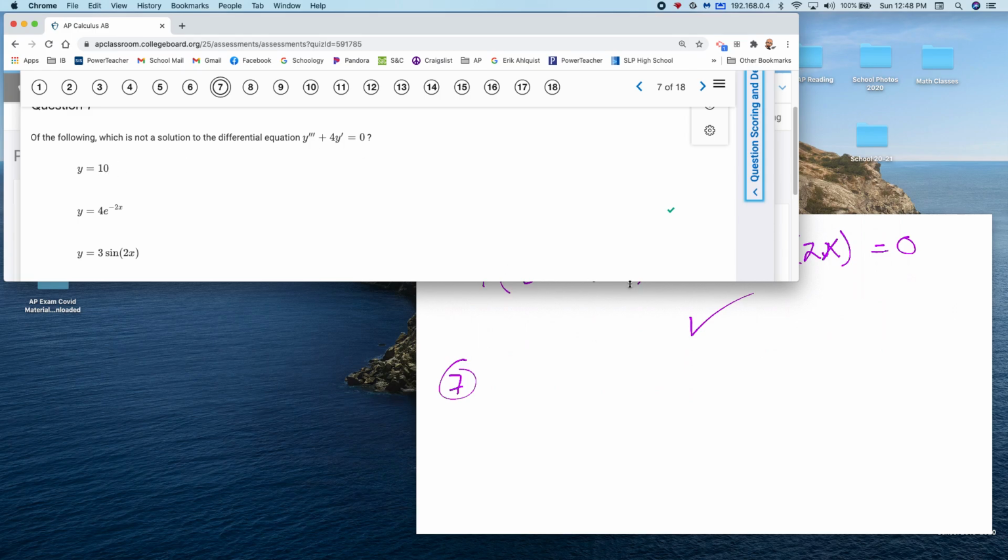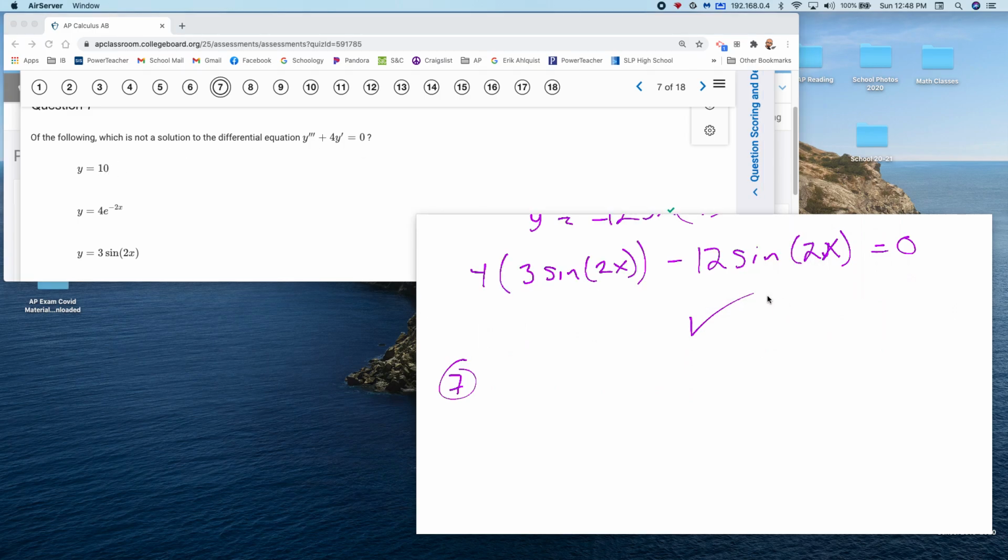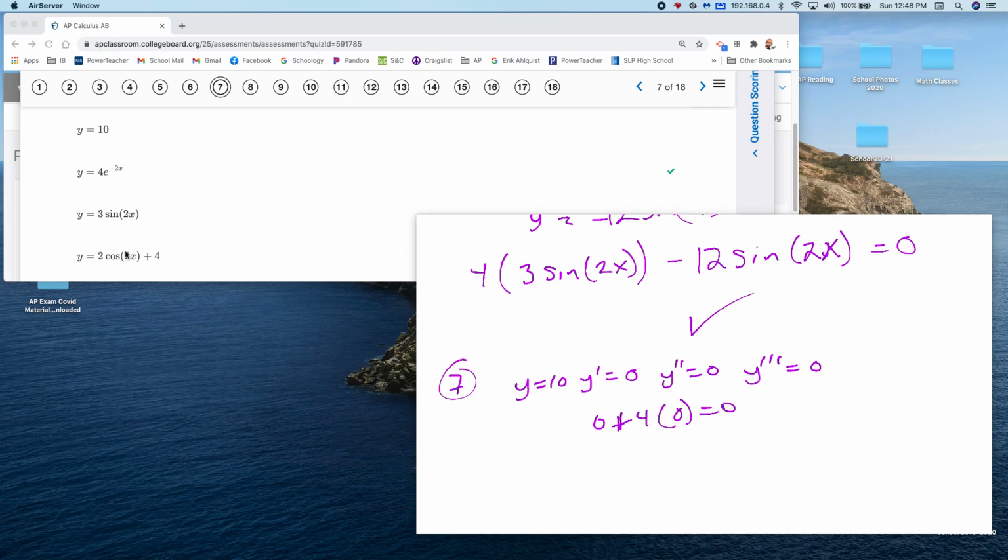So this one will work, actually, because if y equals 10, y prime equals 0, y double prime equals 0, y triple prime equals 0. So 0 plus 4 times 0 equals 0. Just like on the last one, these two are going to work as well, because you generate that negative, positive, negative thing.